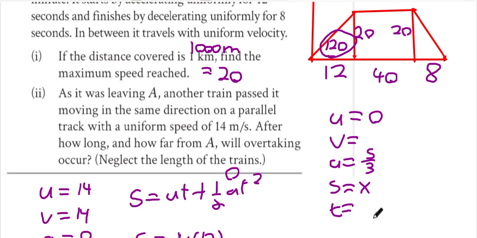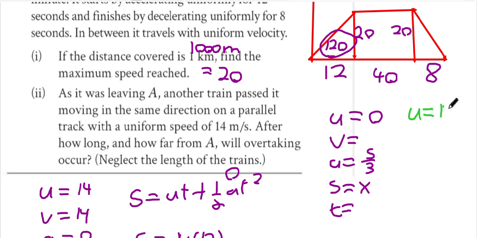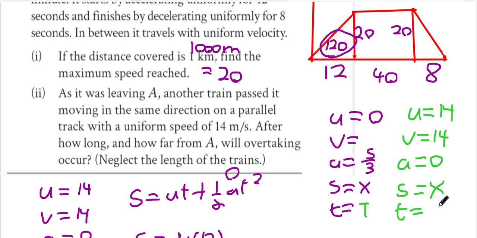Agreed? Now, what about train B? u is 14, v is 14, its a value is 0, and its s value, since they're overtaking each other, is also x. The t value we don't know, but the t values have to be the same.